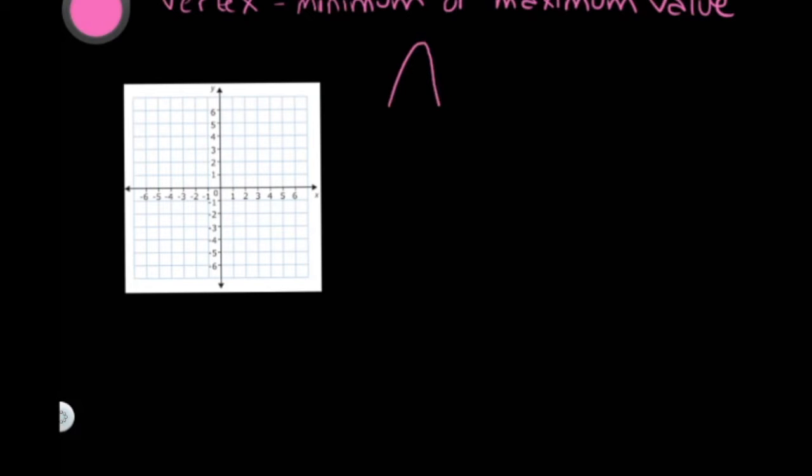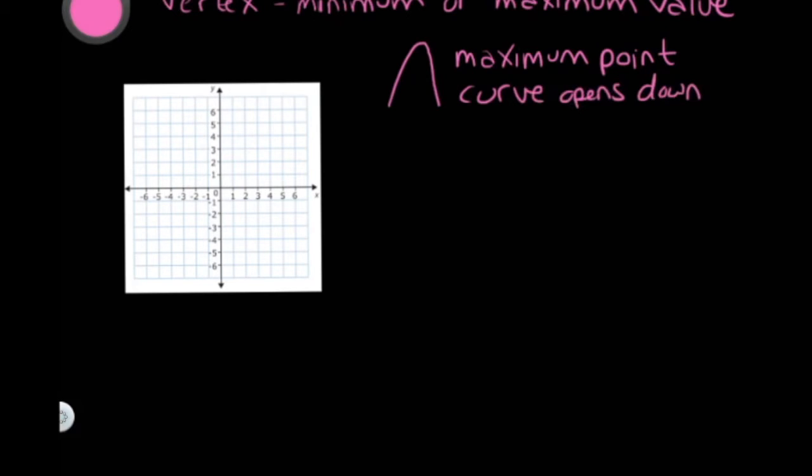So it could be a maximum point because the curve is opening downward. Or I can have a minimum point if I have a curve that looks like this, if the curve is opening upward.